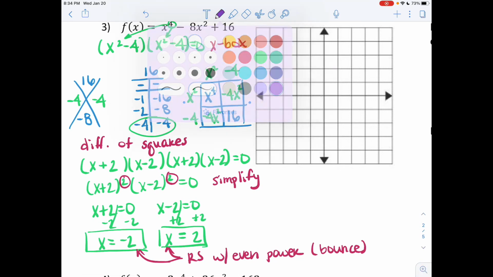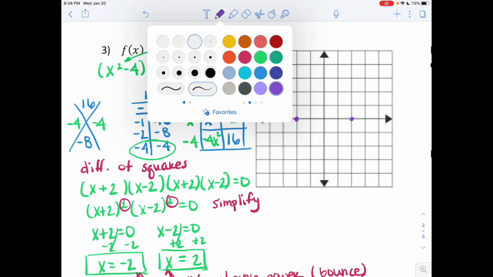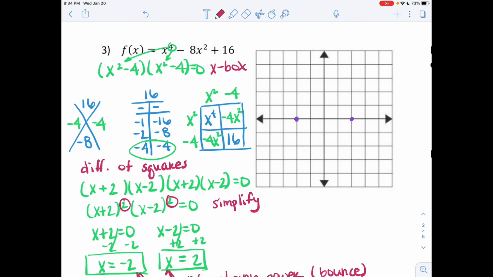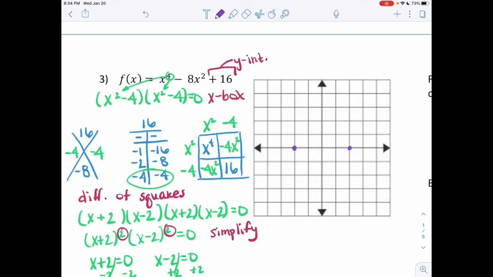In order to graph, we need to know a couple more pieces of information. We know that we have x of negative 2 and x of positive 2. We also know that our y-intercept, let's go ahead and mark that, is at 16. This is my y-intercept. The y-intercept of 16 is going to be way up here somewhere.